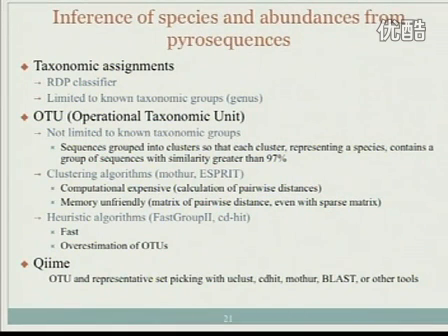The second approach is to cluster those 16S RNA gene fragments into clusters. You cluster similar fragments into one cluster, so that hopefully all the fragments in one cluster represent one species, for example. They are called operational taxonomic units. It's not exactly a species, but it's close.